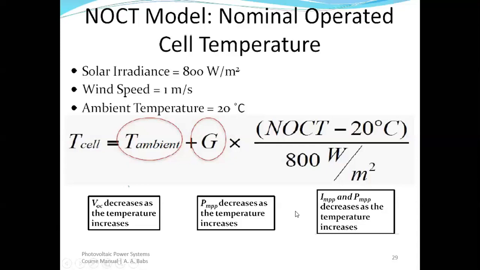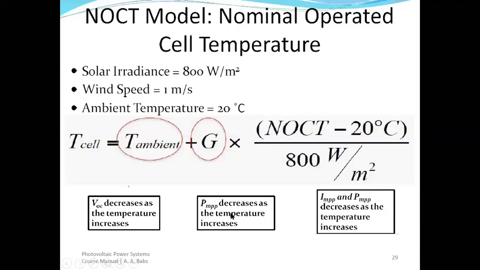So some important points I'm going to quickly call your attention to here that you must note. I've been mentioning them over and over, so again, let me call your attention to them. The open circuit voltage, usually called VOC, decreases as the temperature increases. We don't want that to happen, but this is what happens when temperature increases. The maximum power decreases as the temperature increases.